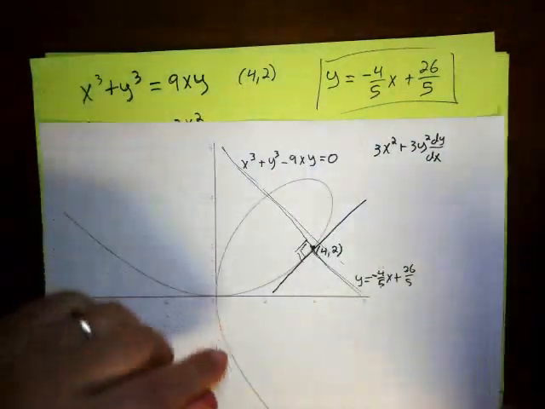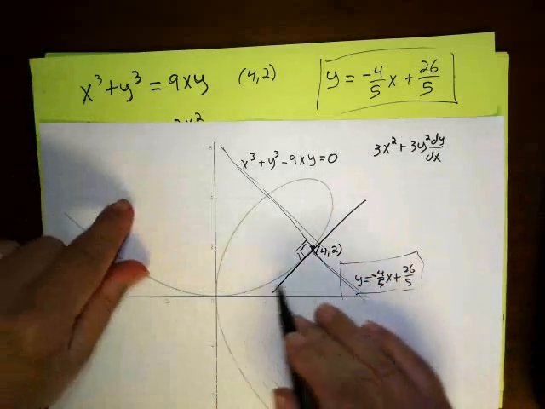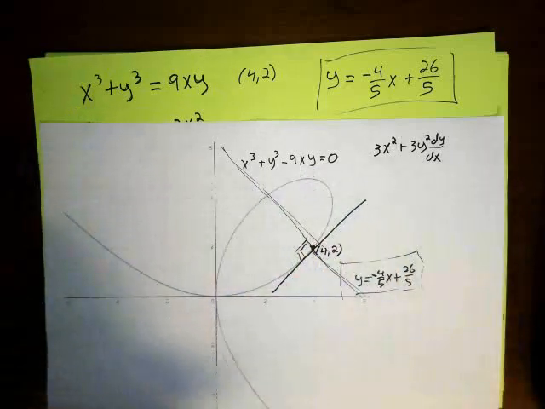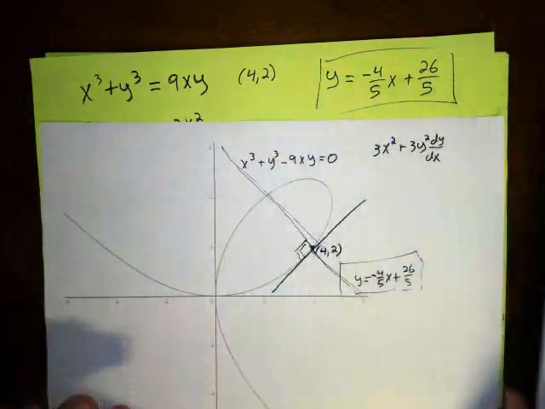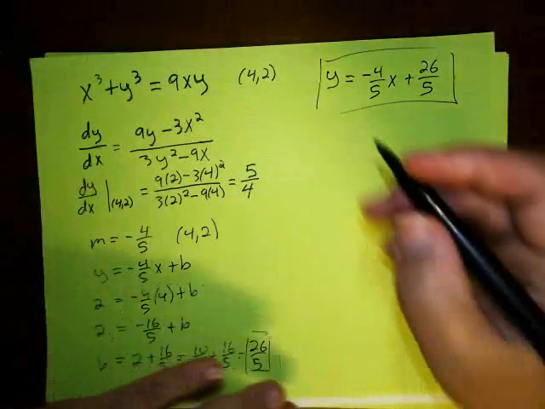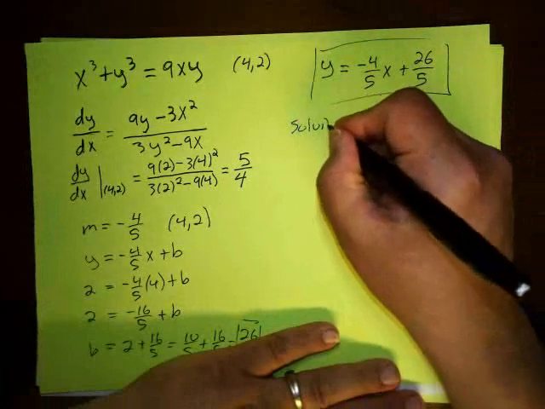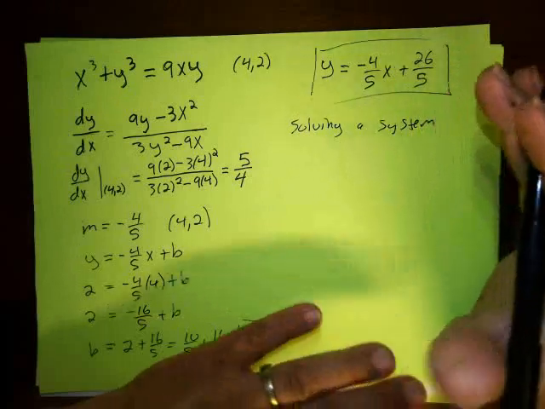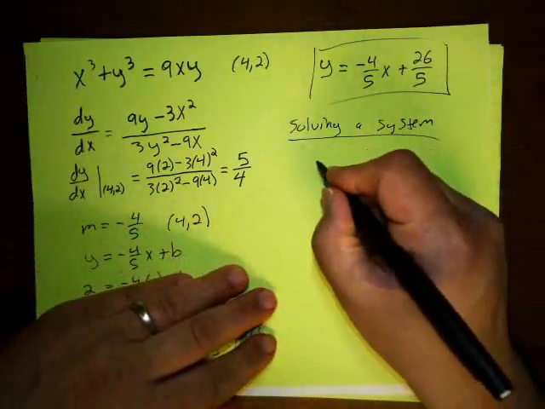Now the problem is I can graph this line, but I'm not able to graph this. Okay, I cannot do that, and so I can't use this to find where the two lines intersect. That is a problem if I want to find where they intersect. So what I'm going to do is think of this as solving a system of equations. I want to find where they intersect, an x and y ordered pair that solves these two equations.